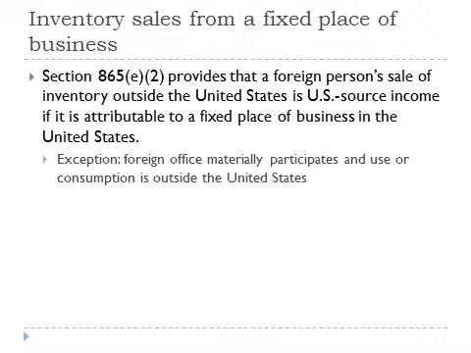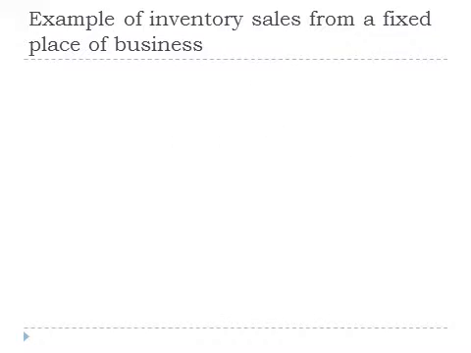However, this rule does not apply where the sale is made for the use, disposition, or consumption outside of the United States, and a foreign fixed place of business of the foreign person materially participates in the sale.